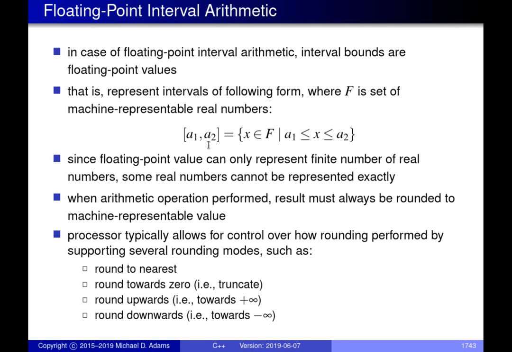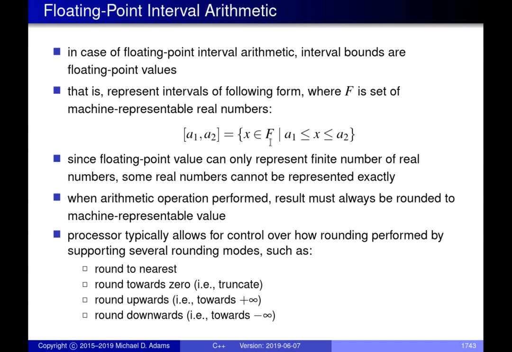The reason it's important to make a distinction is that there are some real numbers we cannot represent. In other words, this F here is a subset of the real numbers. There are an infinite number of real numbers that we cannot represent exactly inside the computer. But it turns out this is not a big barrier, at least in most situations in practice. So we again have endpoints of the interval, and they represent the range just like before.